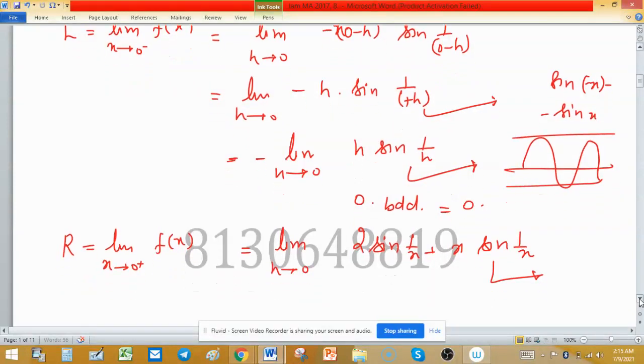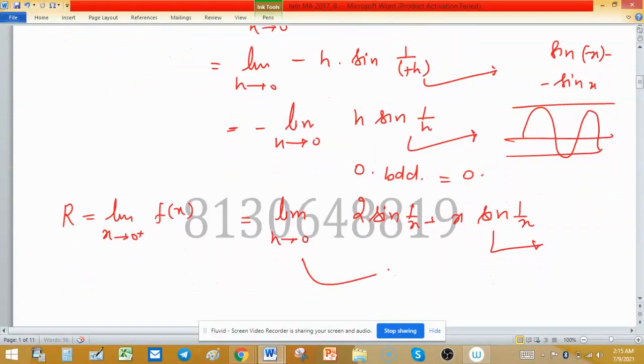How? Whenever you apply the limit here, it will form h into sine 1 upon h. So h is tending to 0. Sorry, the limit of this part will exist: h tends to 0, 0 into some bounded function, so the limit of this part is 0. But the limit of the other part doesn't exist.